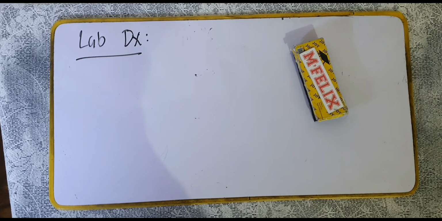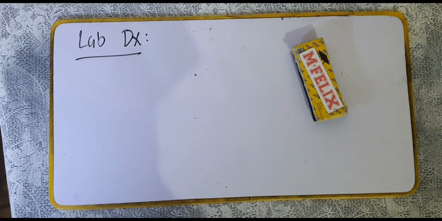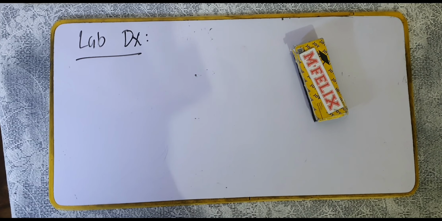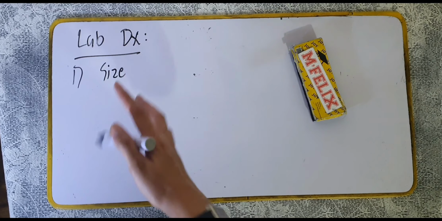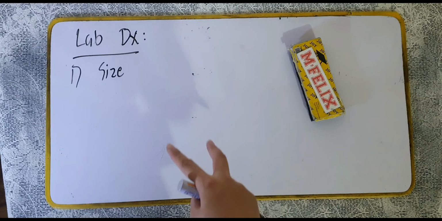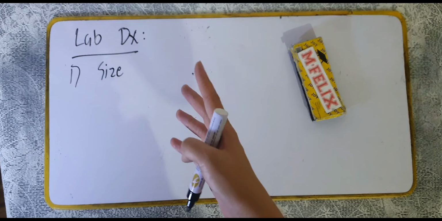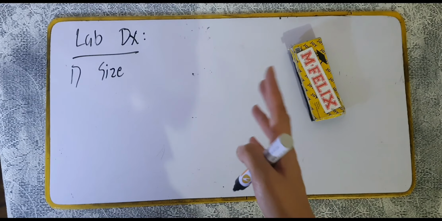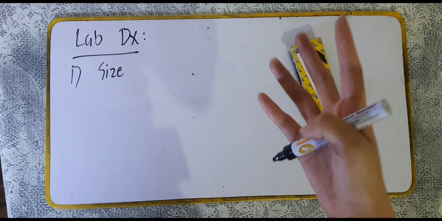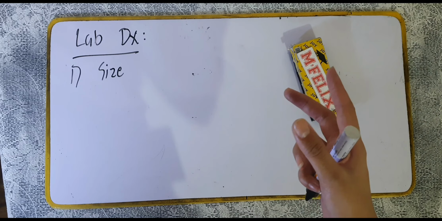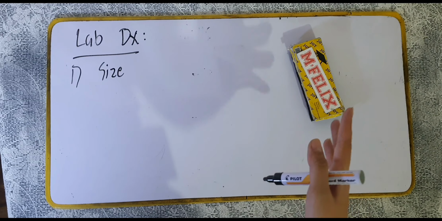Upon microscopic examination, class, the following morphologic structures should be noted. Number 1, the size of the cyst. Very important, because being able to approximate its size will serve as your guide to differentiate it from other amoebas.